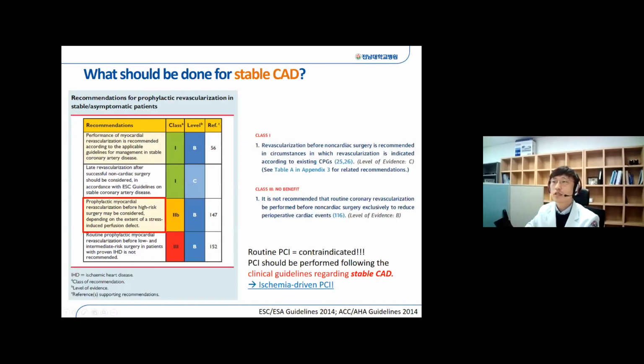If the patient is considered stable, then prophylactic routine PCI should not be done because it is contraindicated. We have to follow the stable coronary disease guidelines, assessing the degree of myocardial ischemia and the priority of PCI versus the planned surgery to lower the risk patient by patient.